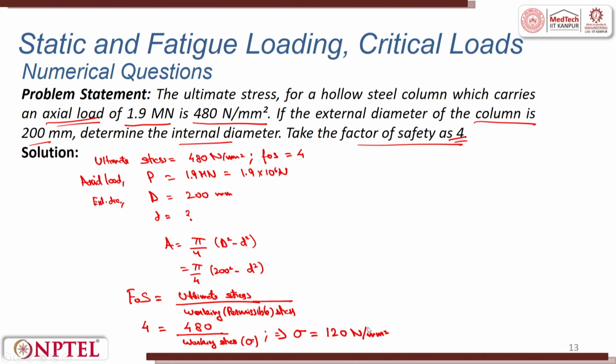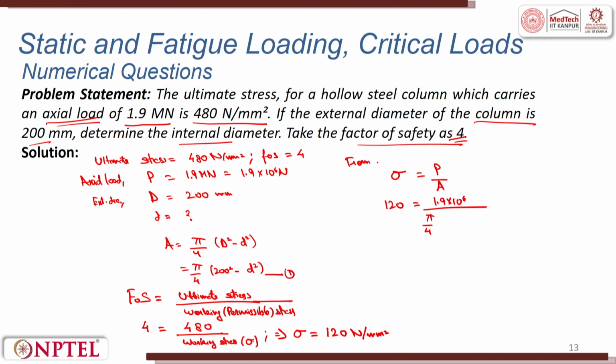We have gotten the value of sigma now, that is my stress, which is equal to load per unit area, right, which means this value 120 is equal to load, 1.9 into 10 raised to power 6 Newtons, per unit area, pi by 4. You call it equation 1.